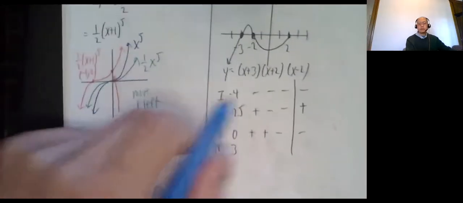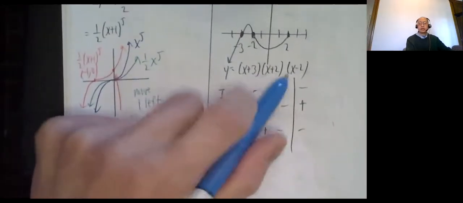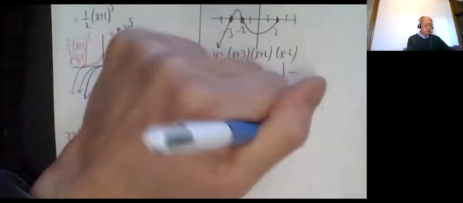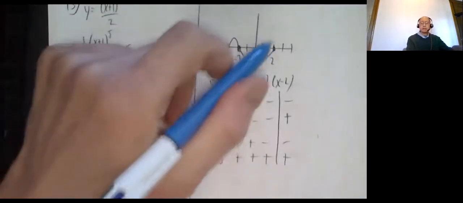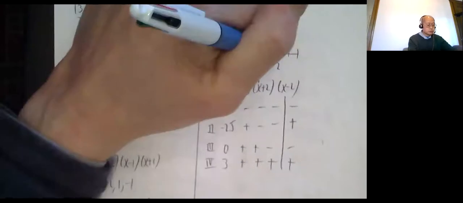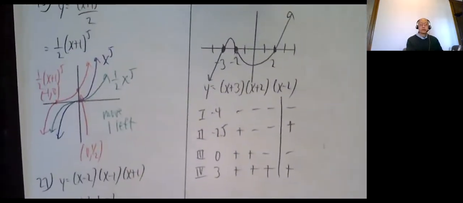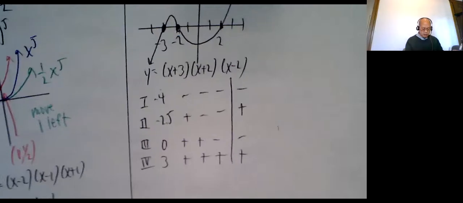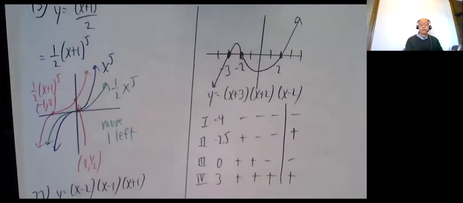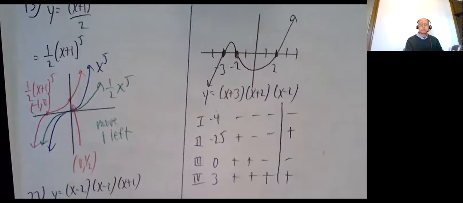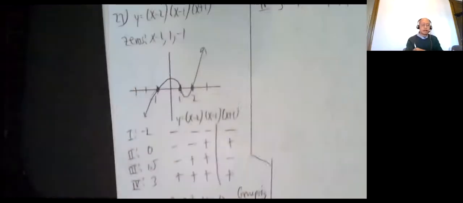Three, positive, positive, positive. Positive times positive times positive, positive. Goes up, and there's no 0 after that, so it shoots to infinity. So that's it. That's the idea. Okay, so that's basically a style.